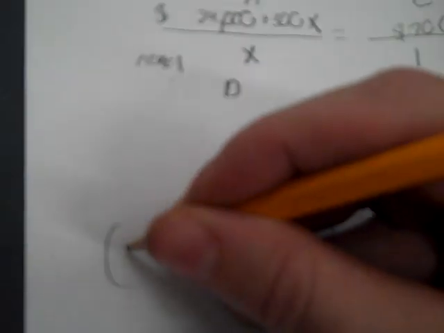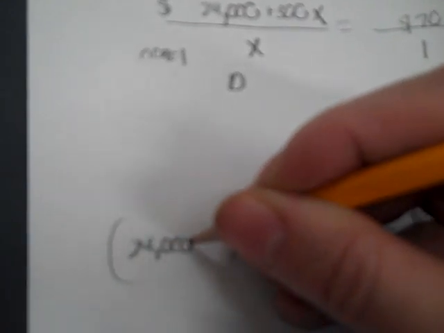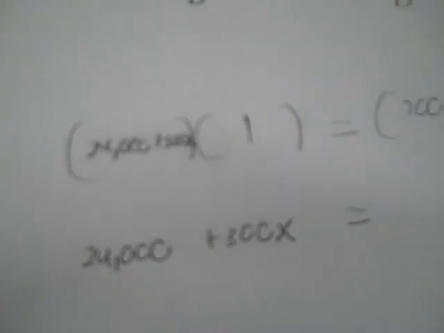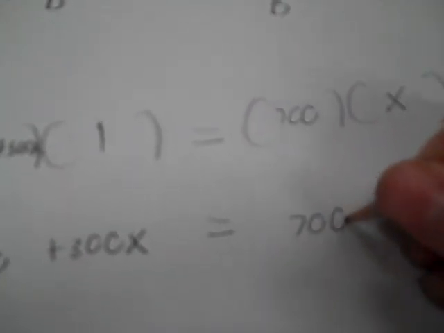So 24,000 plus 300x times 1, and we're going to have 700 times x. Okay, so 1 times 24,000 is 24,000 plus 300x. And the other side, I'm going to have 700x.